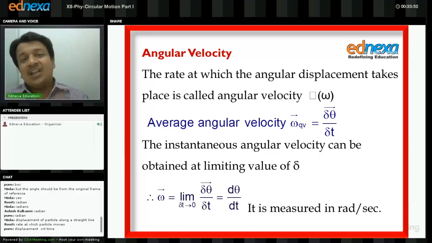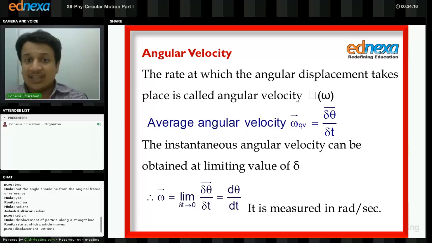When we discuss linear displacement, after that we discuss linear velocity, and after linear velocity, we discuss linear acceleration. Is it right? So similarly, after discussing angular displacement, we discuss angular velocity. The next concept we are going to discuss is angular acceleration.